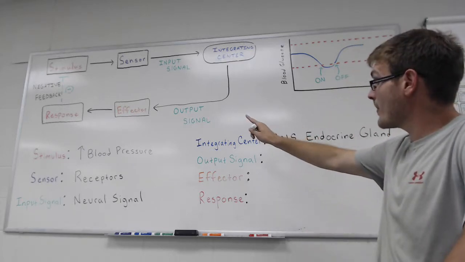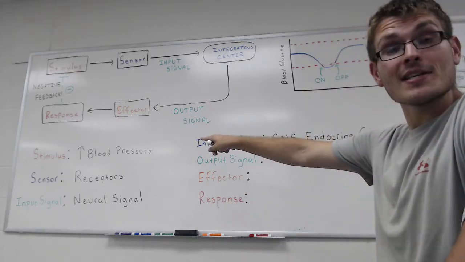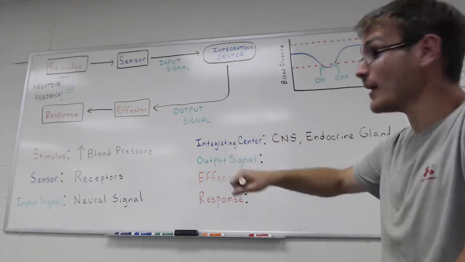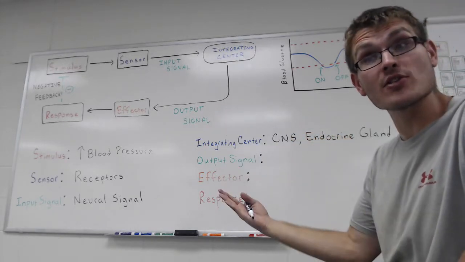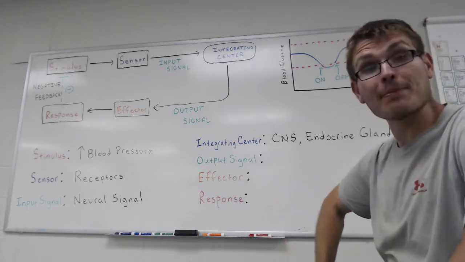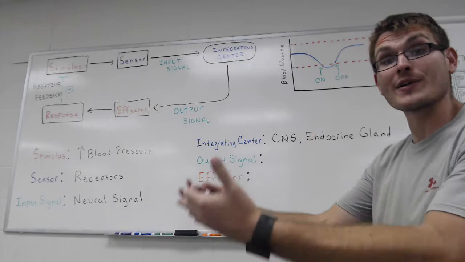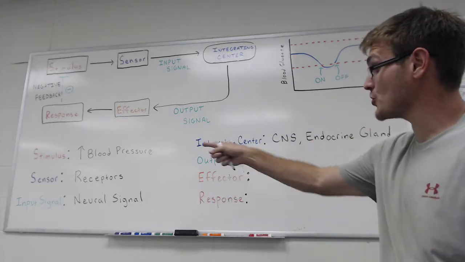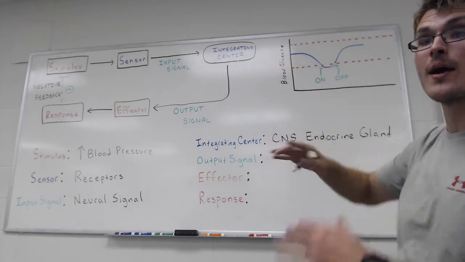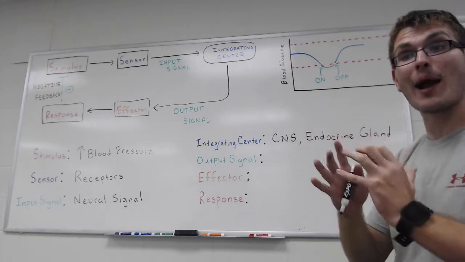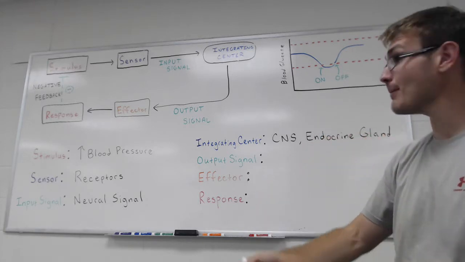Okay, keeping up here to catch up, our stimulus is that our blood pressure is too high, correct? We need to notice that there's a problem to begin with. The receptors on those sensory cells are going to receive this information that the blood pressure is too high, send an input signal to the integrating center, basically a message to the brain, spinal cord, etc., detailing what the problem is.